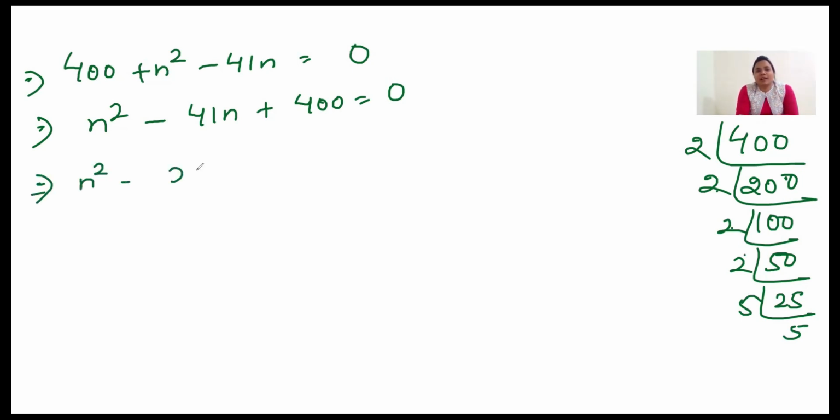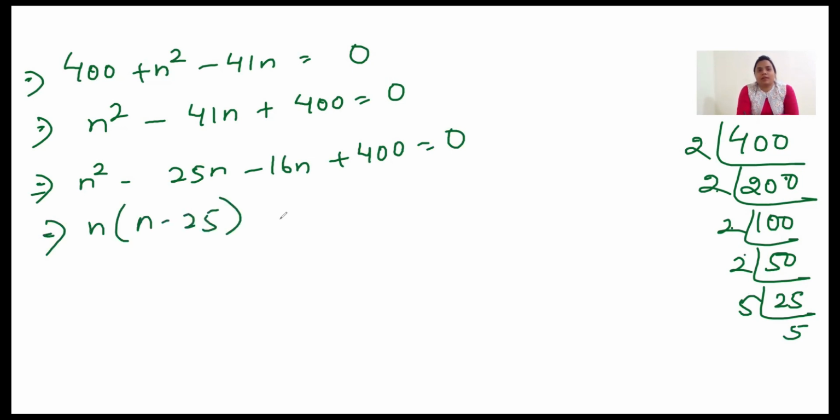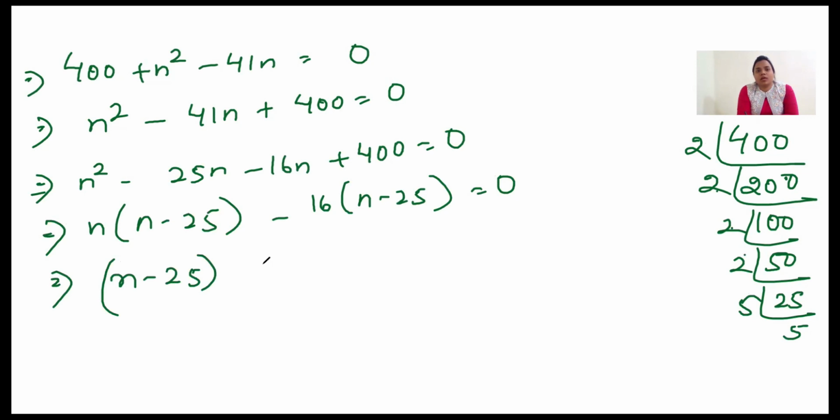So n square minus 25n minus 16n plus 400 is 0. And n times (n minus 25) minus 16 times (n minus 25) is equal to 0. So (n minus 25) and (n minus 16) is equal to 0.